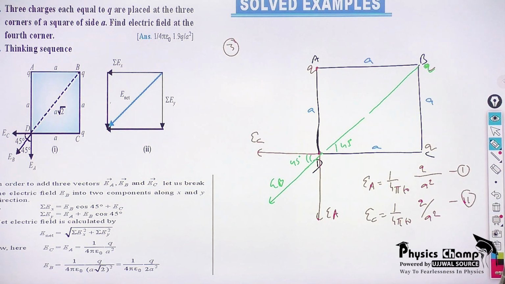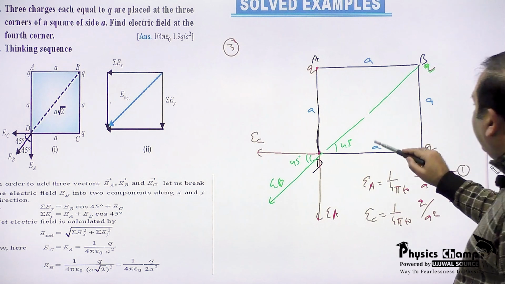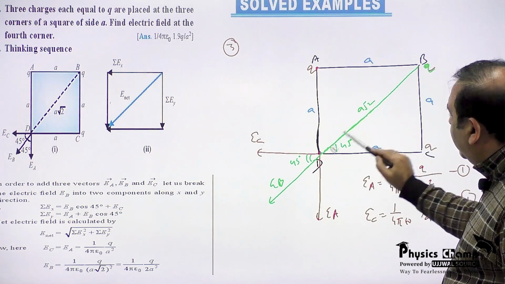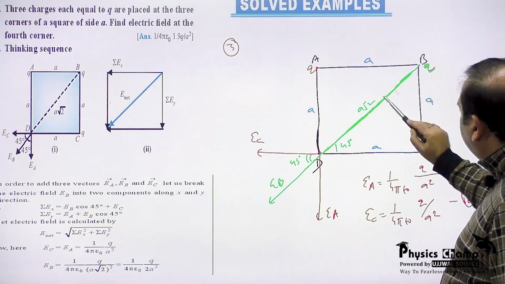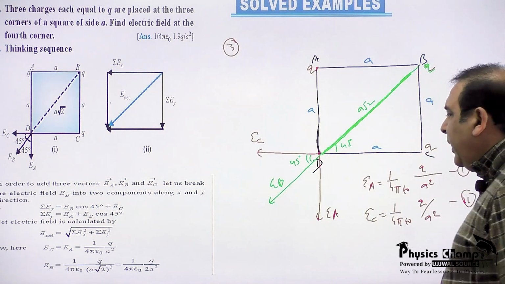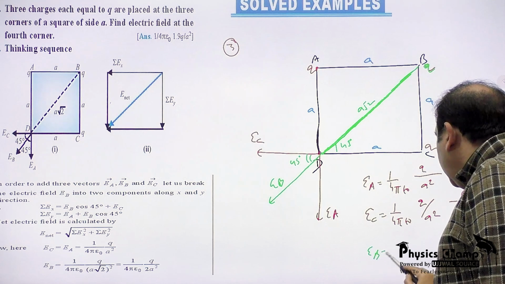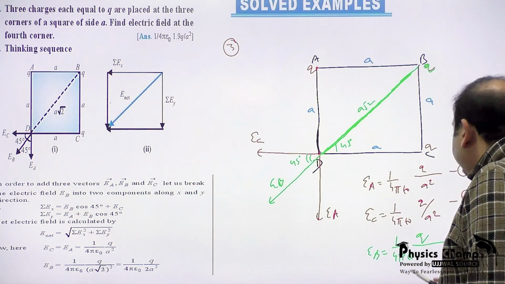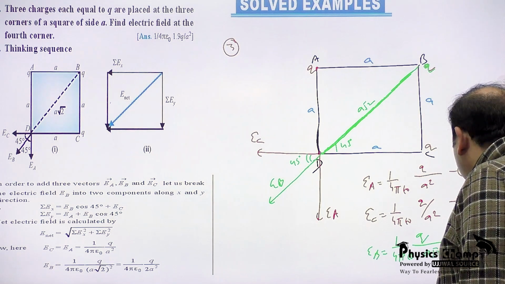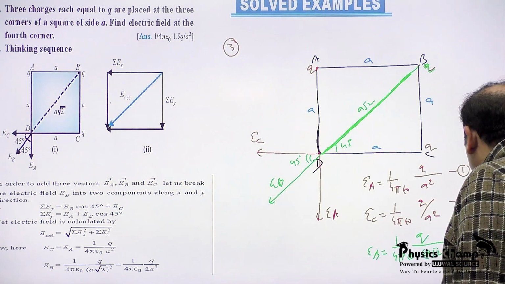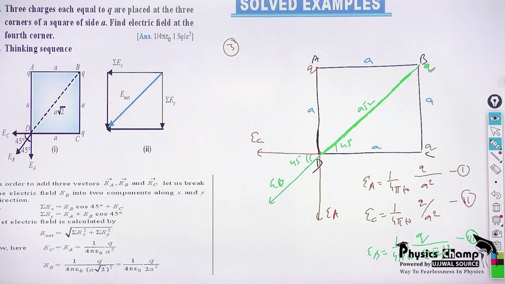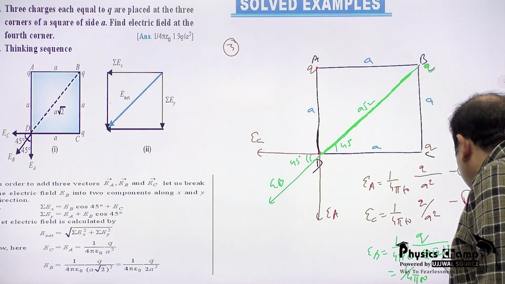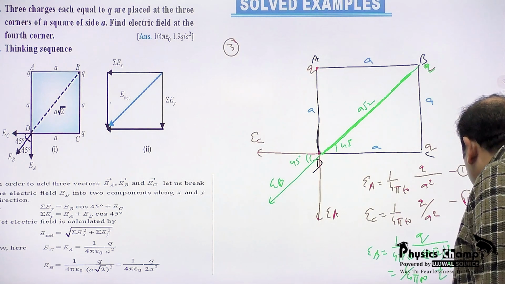But if each side is A and A, this is going to be A root 2. So when I am writing how much is EB, it will be 1 by 4 pi epsilon naught Q by A root 2 whole square. So it will be 1 by 4 pi epsilon naught 1 by 2 into Q by A square.